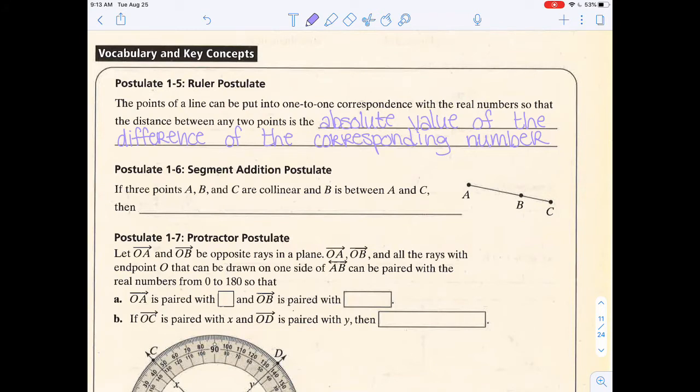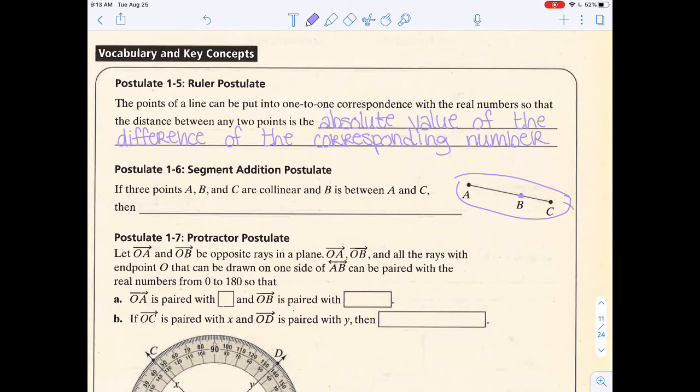Okay, next postulate is the segment addition postulate. It says if 3 points A, B, and C are collinear, that means they're all on the same line. They make a straight line, just like over here. And B is between A and C, so B's in the middle here.